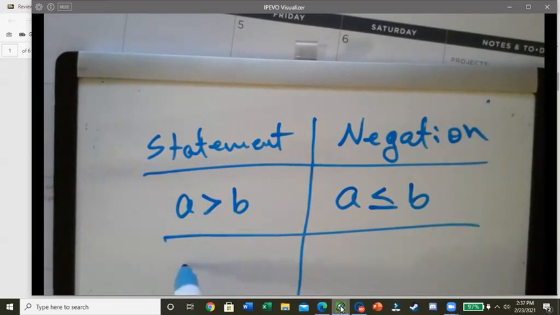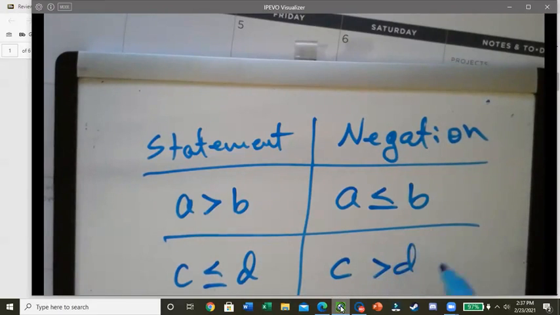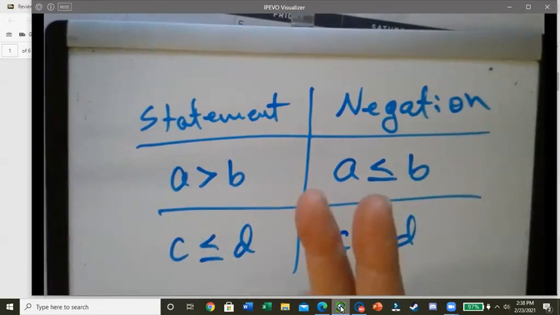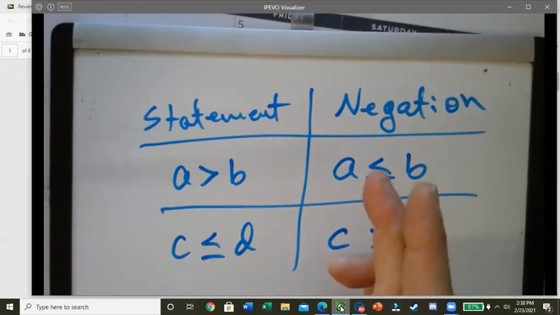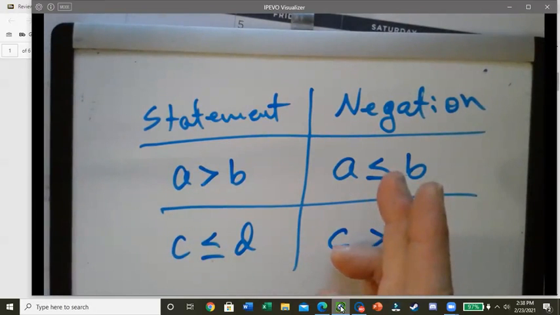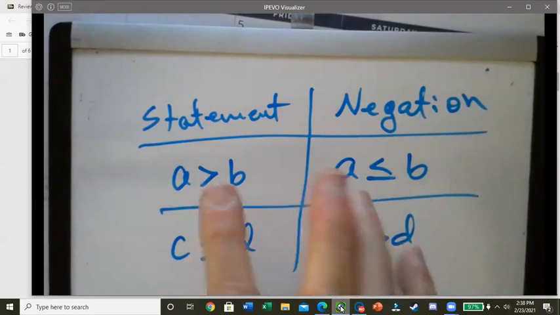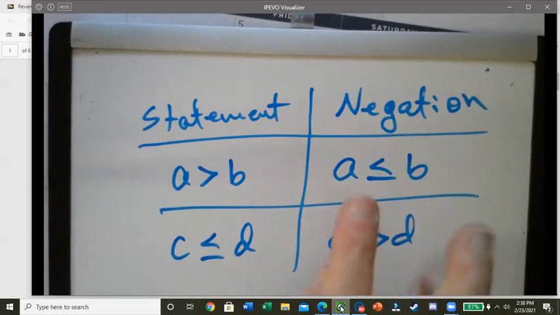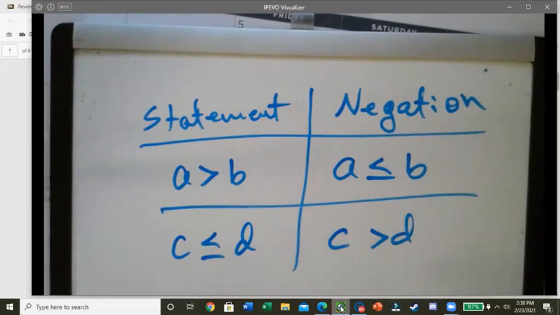So if you're saying C is less than or equal to D, then the negation would be C is greater than D. So the statement is going to flip. If the statement does not have an inequality, then the negation will have the inequality, and you flip the inequality sign.